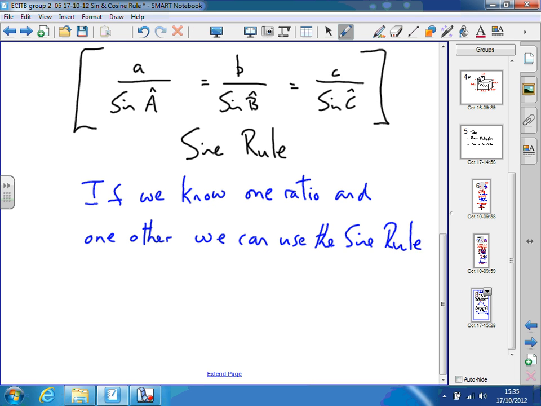So that's like a test. Because there's two rules, there's a cosine rule as well. So if we want to know which rule we're going to use in a situation, that's what we ask ourselves. If you know a ratio and you've got one other thing, then you can use the sine rule to find all the missing angles and all the missing sides.